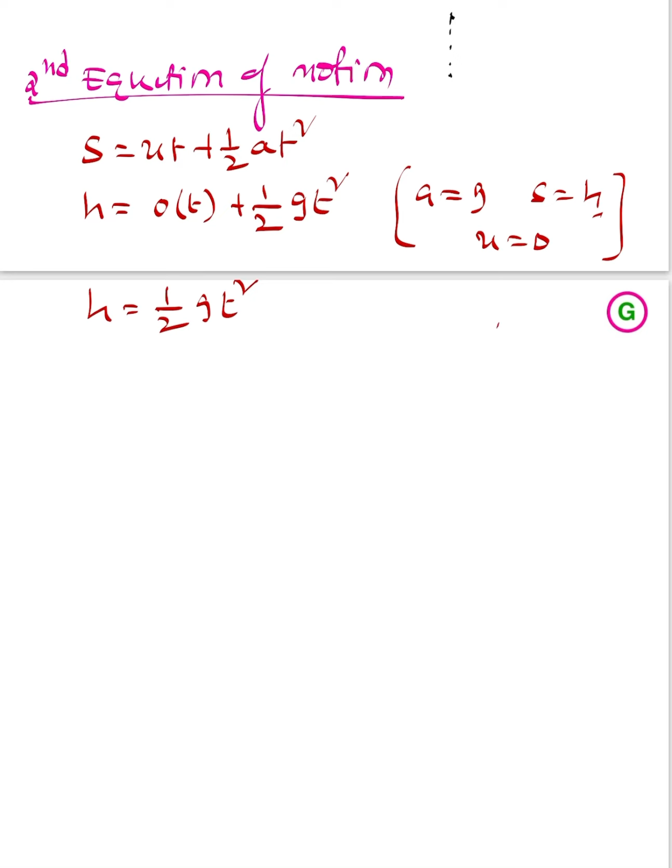That means a body dropped from a height, let it be 80 meters, with g value taken as 10 meter per second square. You want to calculate the time taken to reach the ground.